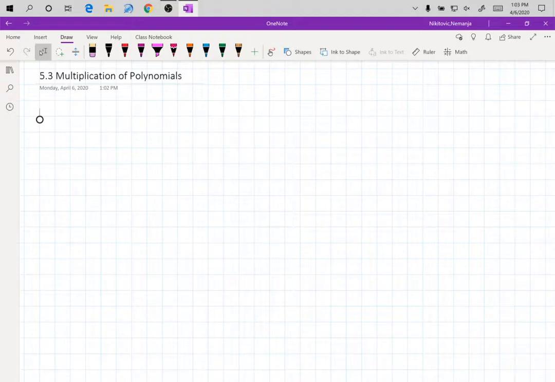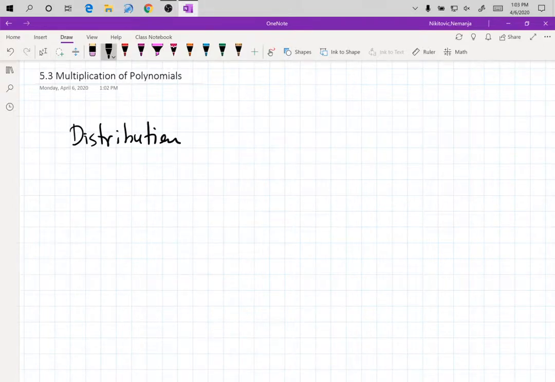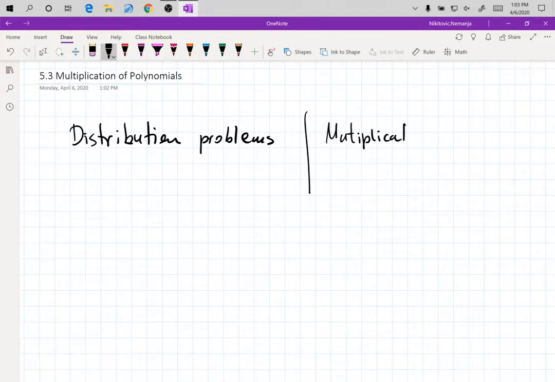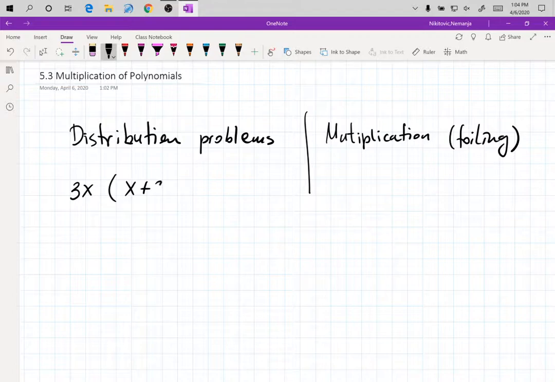So technically we have two things to worry about. We have distribution problems, and we have multiplication, also known as foiling. I don't like that word, but it is what it is. Distribution is going to have some kind of a monomial in front, let's say 3x, and then you have, let's say, x plus 2, where this one distributes to all.